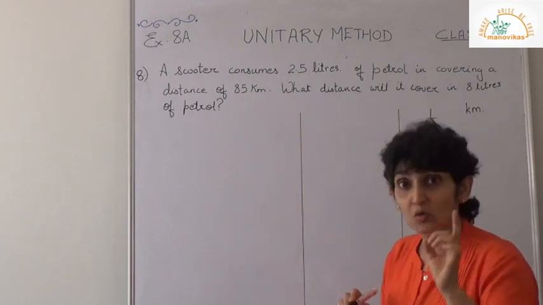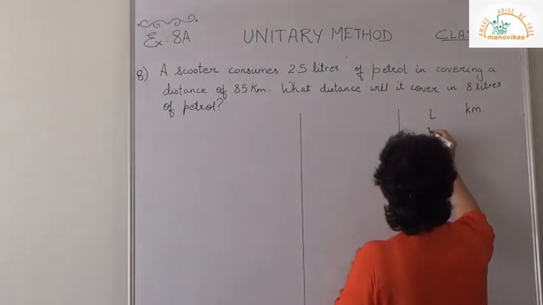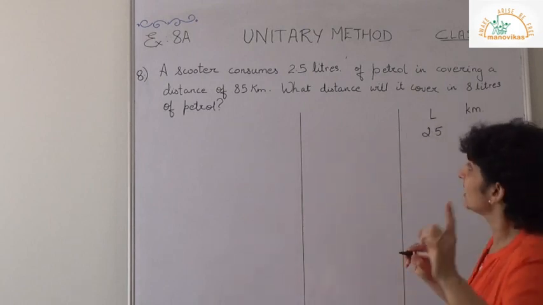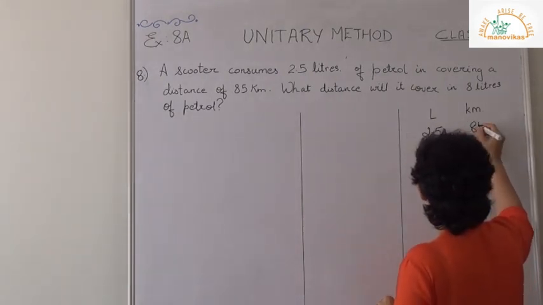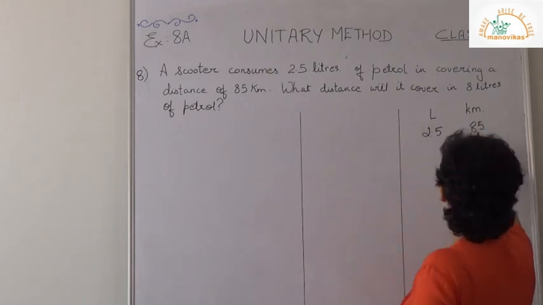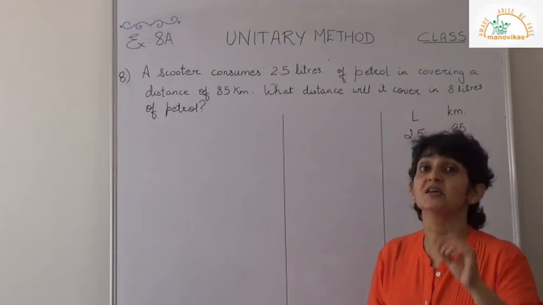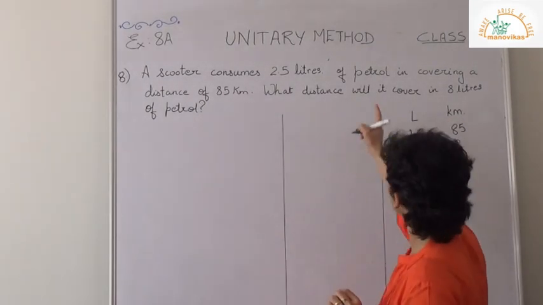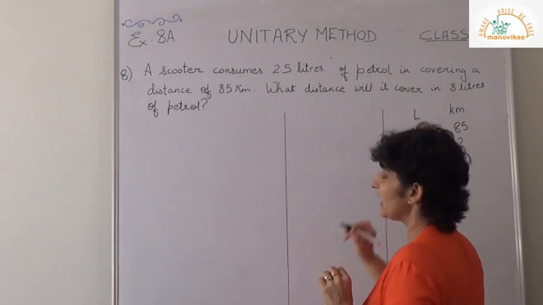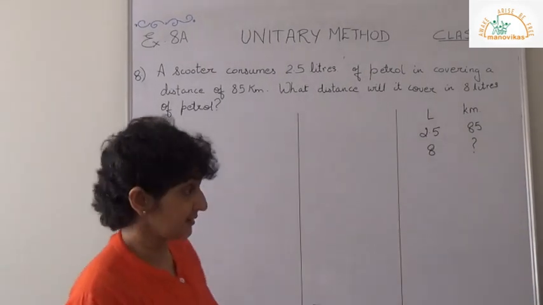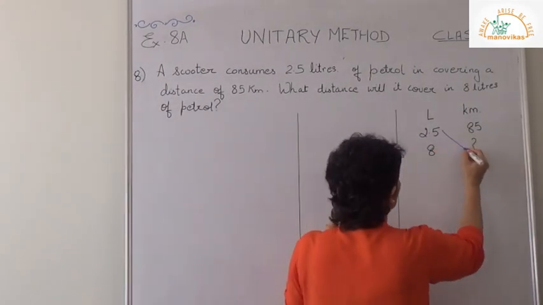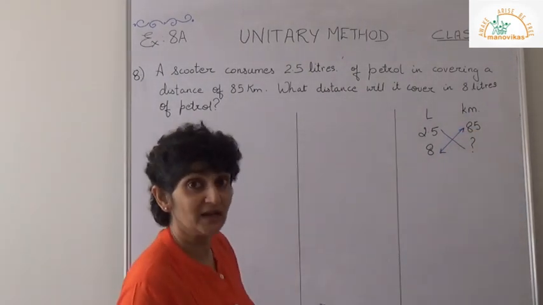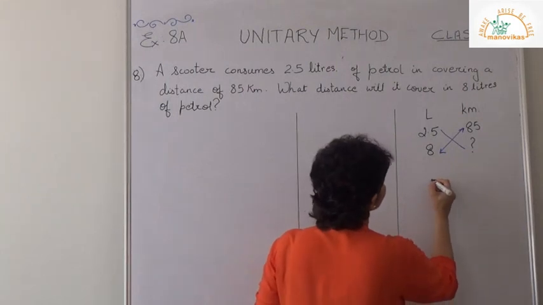A scooter consumes 2.5 liter of petrol in covering a distance of 85 kilometer. You are finding out the distance it will cover in 8 liters. What did I say? We will cross multiply. Wherever there are two numbers, we will multiply.